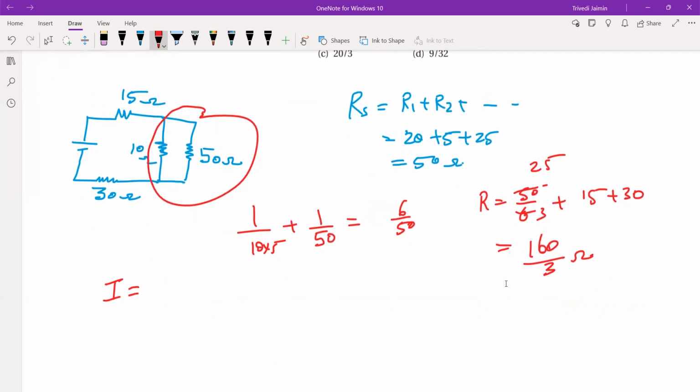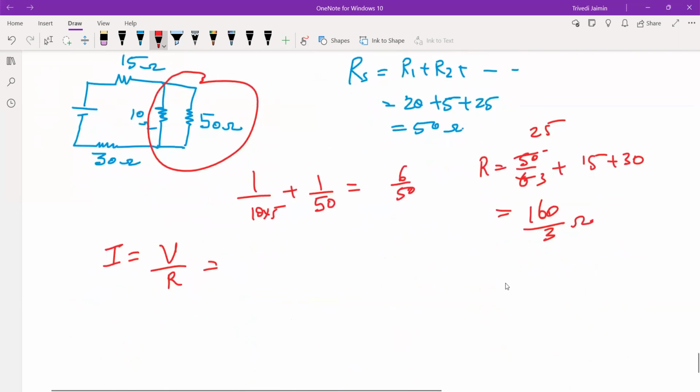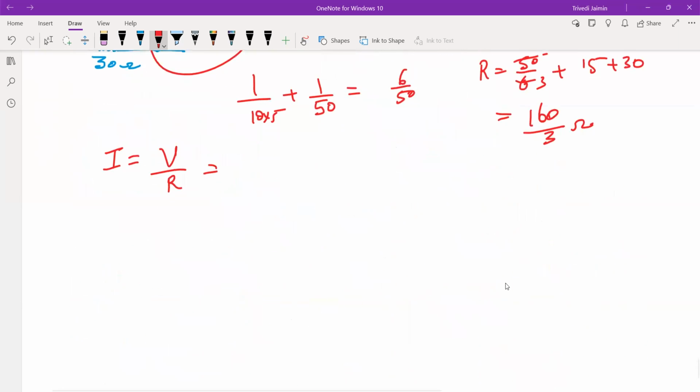I equals V by R. What's the value of V? 15 into 3 divided by 160.